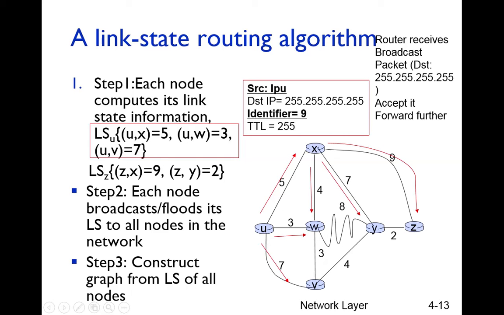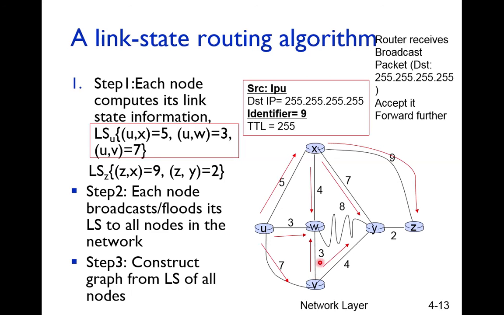So now you can see that the message forwarded by U, which has the link state information of U, is received by X, W, V, and it is also received by Y and Z. Now similarly the node V will also forward it further.